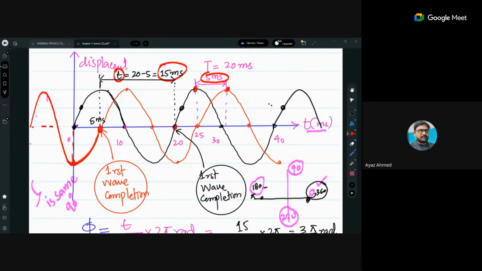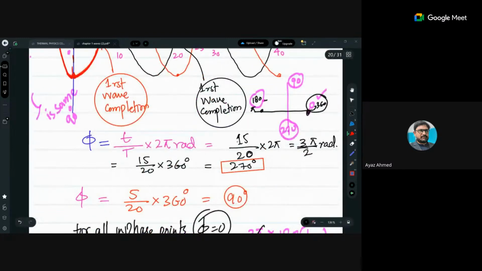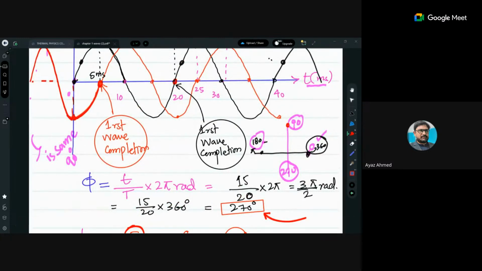So if I say there is a 15 millisecond time difference, then I will get that the waves are 270 degrees out of phase. But if I take time equals 5 milliseconds, then I will get 90 degrees out of phase. So either 90 or 270.